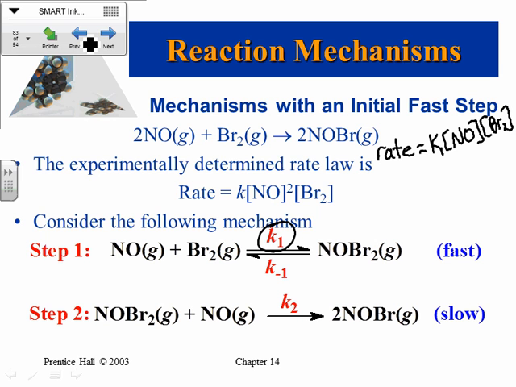For the backwards reaction on this one, going back this way, the rate is K to the negative 1 times just NOBr2. Okay? Now, those are my two rates with my two different rate constants.